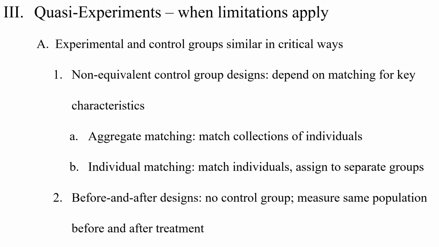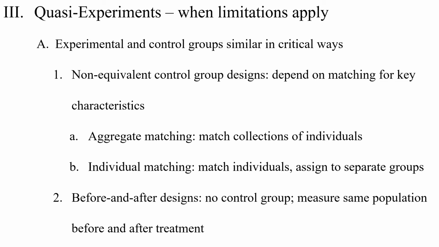And another way to look at this is the two types of matching that you have. So one would be aggregate matching. Okay, this population in this hospital tends to be a certain population. That hospital tends to have a different population.